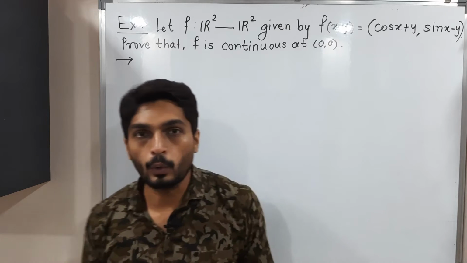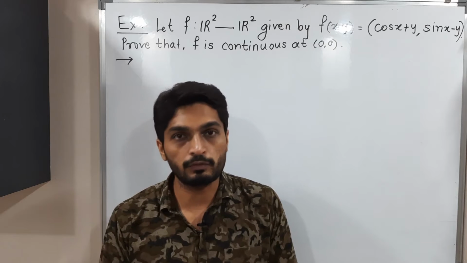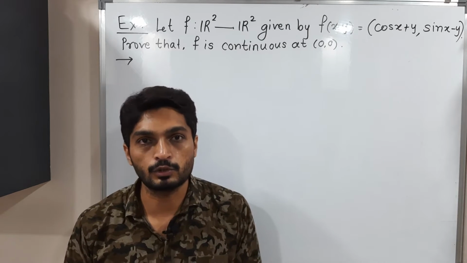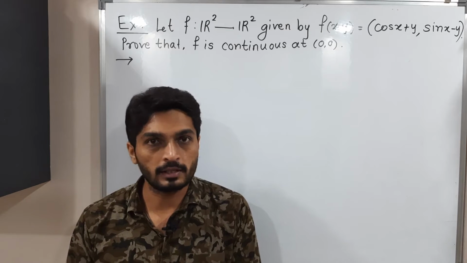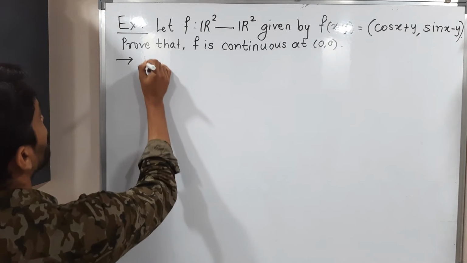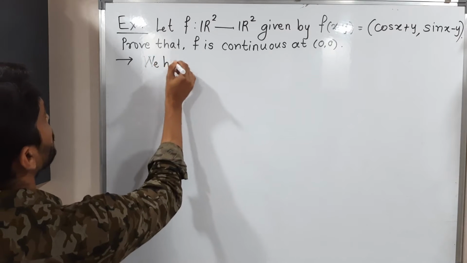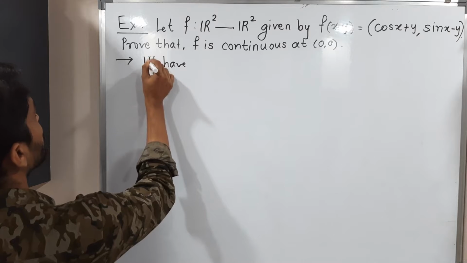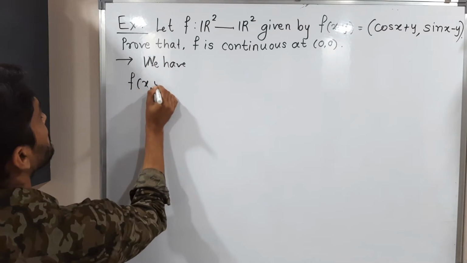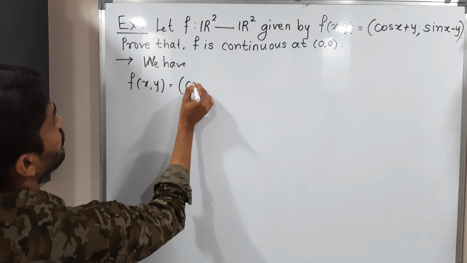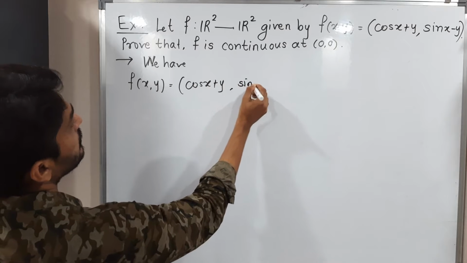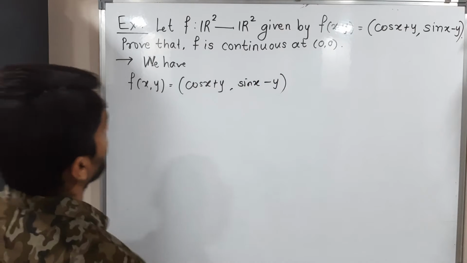As you know the result, if each component function is continuous at a particular point, then the given vector field is also continuous at that point. So let us start. First of all, I will write the given function. F of (x, y) is equal to (cos(x + y), sin(x - y)).